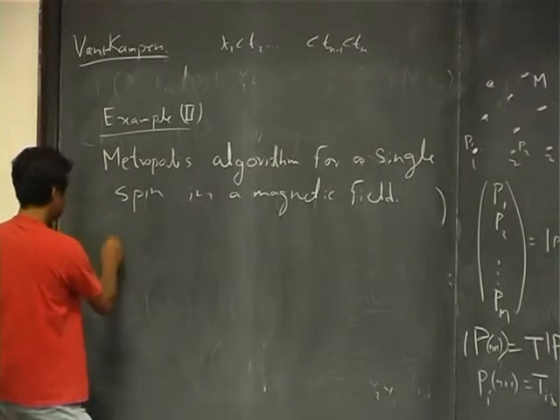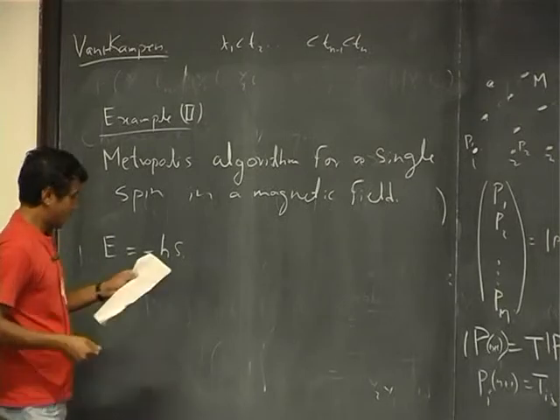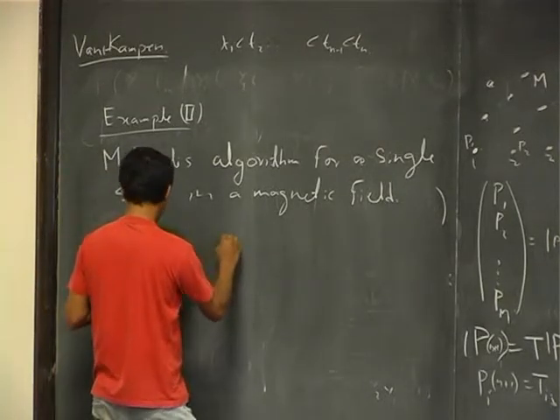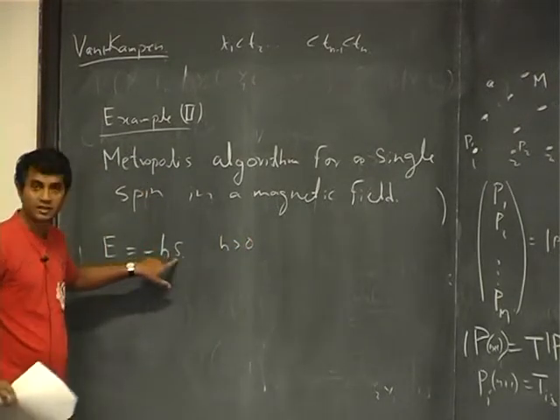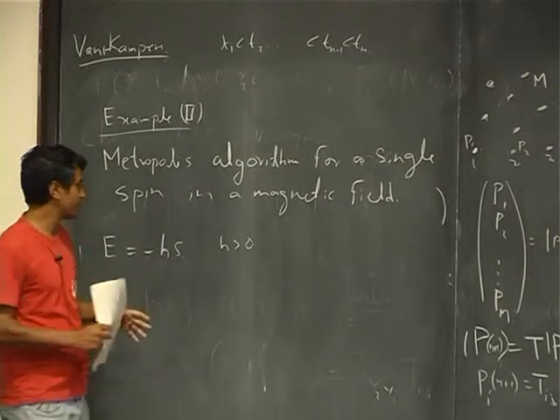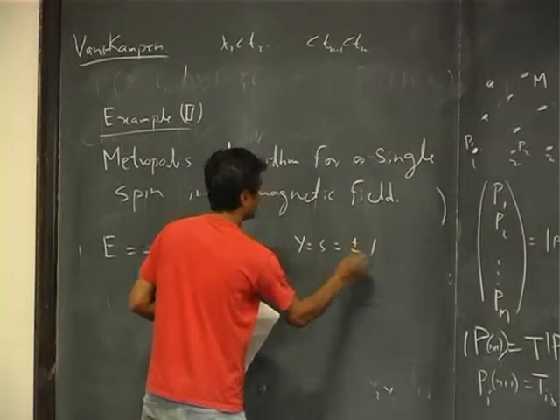If you have a single spin in a magnetic field, its Boltzmann weight is e to the power minus hs. Let's say h is greater than 0. So here my stochastic variable is the spin, and it can take only two values, plus 1 and minus 1. So y equal to s equal to plus or minus 1.